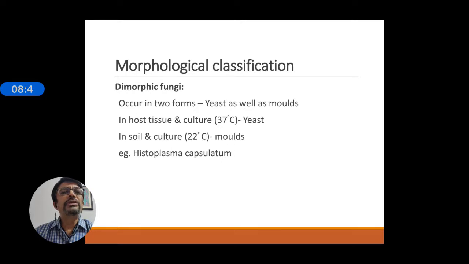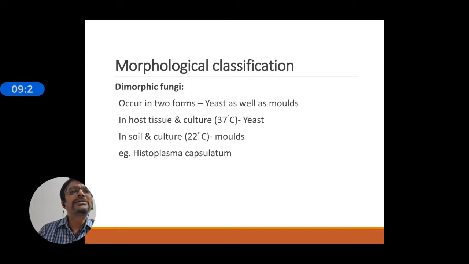And the fourth class in this morphological classification is the dimorphic fungus. As its name suggests, it can have both morphologies. It may occur as a yeast as well as a mold. This is decided by the temperature. In the host tissue, or in culture at 37 degrees centigrade, they appear as yeast.